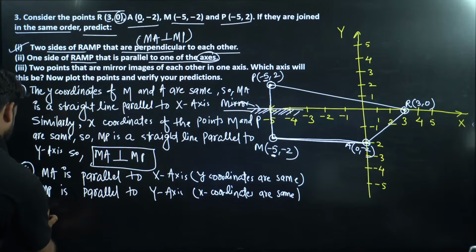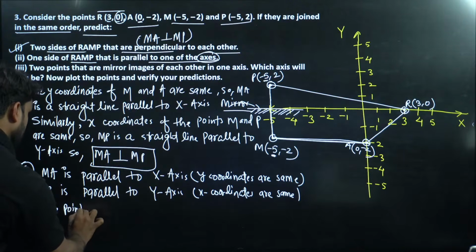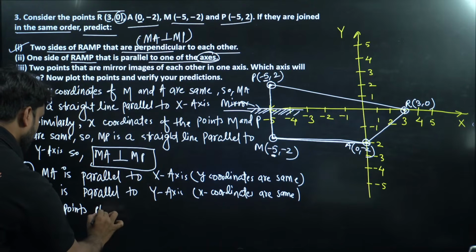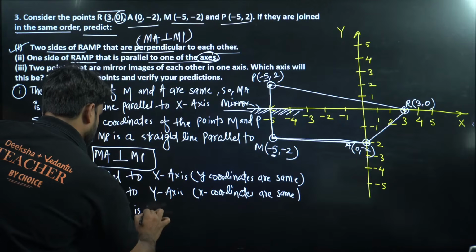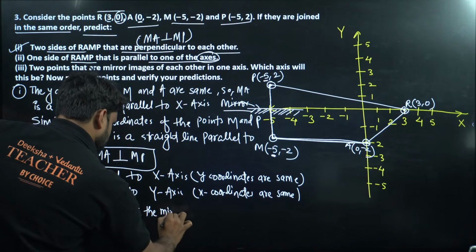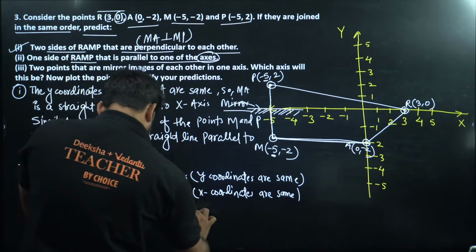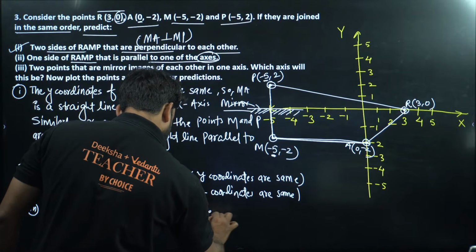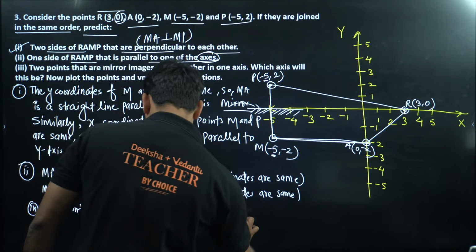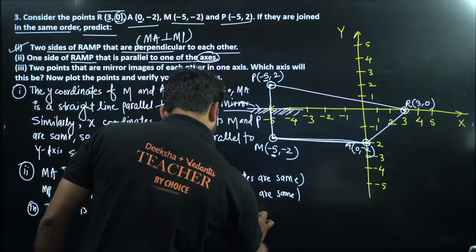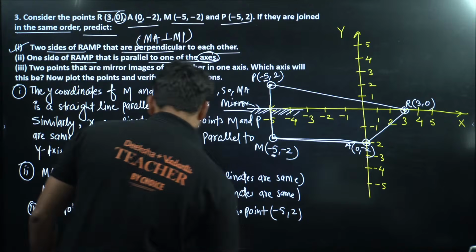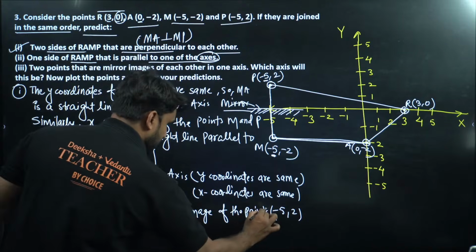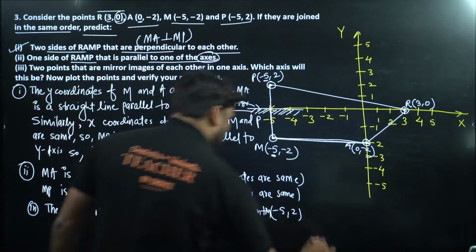So we can directly write here the point P(-5, 2) is the mirror image of the point M(-5, 2) along the x-axis.